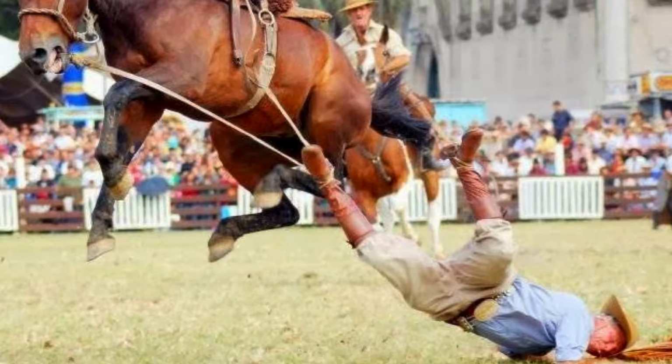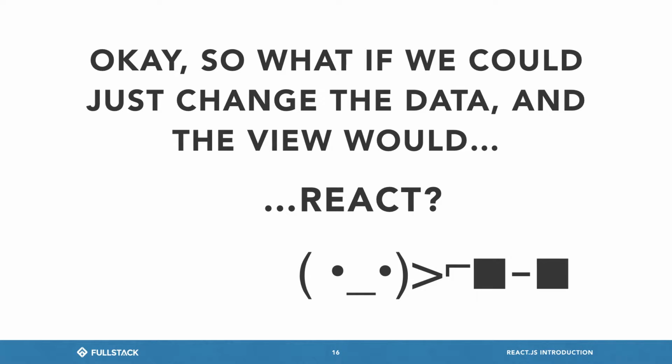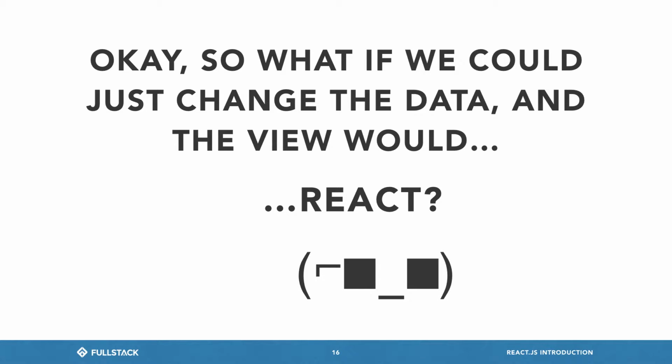And it will be insanely difficult for anyone, including yourself, to figure out what you did later. So what if we could just change the data and then the view would just react? Now we're getting somewhere.